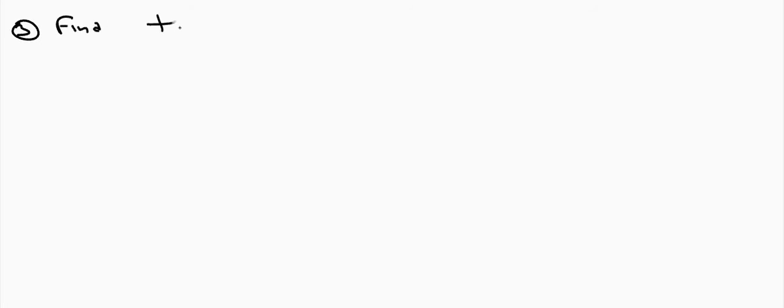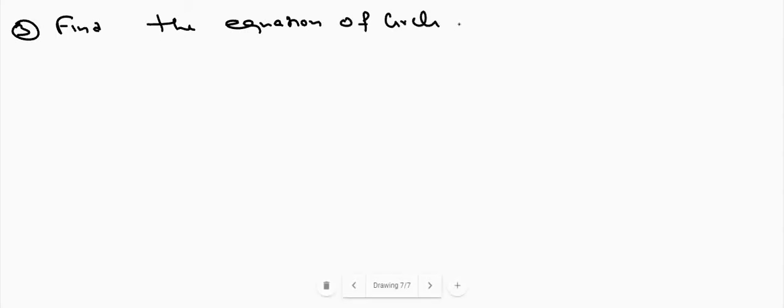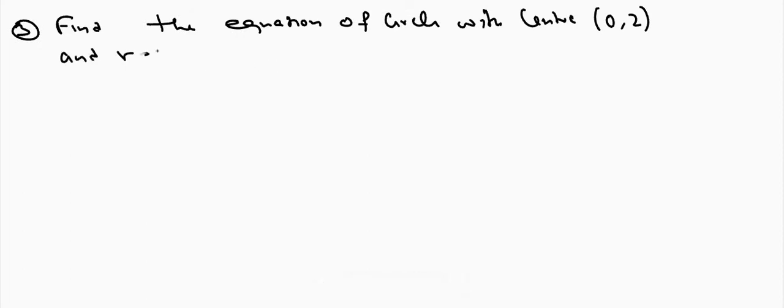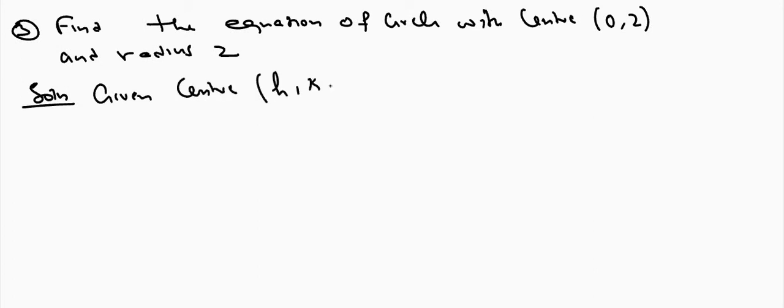Next, question number 3. Find the equation of the circle with center (0, 2), which lies on the y axis, and radius 2. Solution: given center (h, k) equals (0, 2) and radius r is equal to 2.